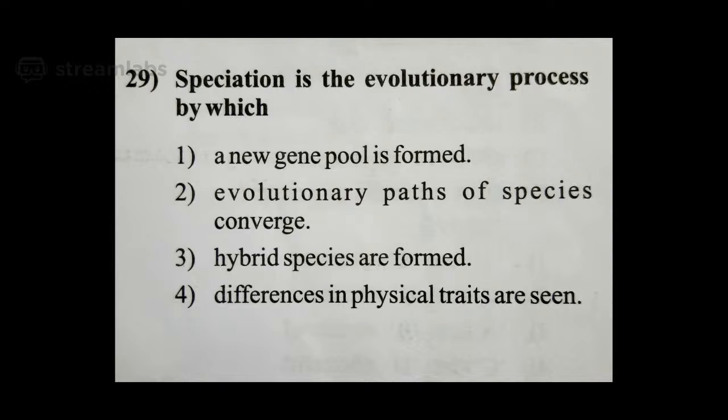Hope everybody has gone through the question, and the answer is the first option. Speciation is the evolutionary process by which a new gene pool is formed. First option is the right answer. Hope everybody got this, and we'll move on to the next one.